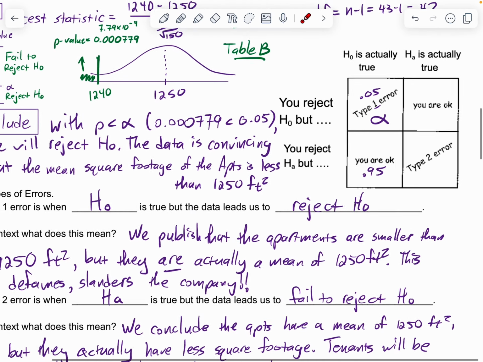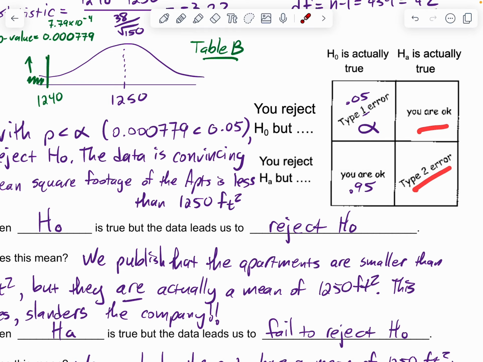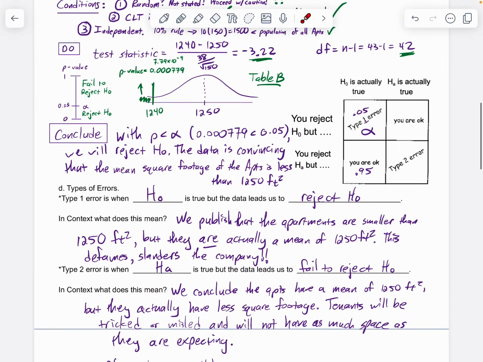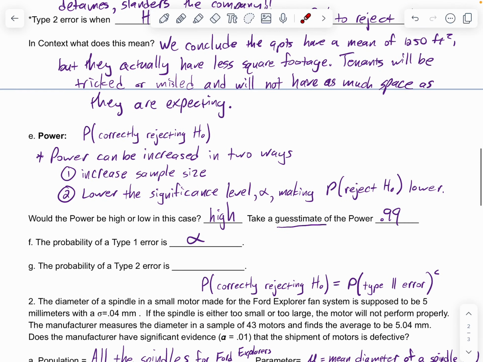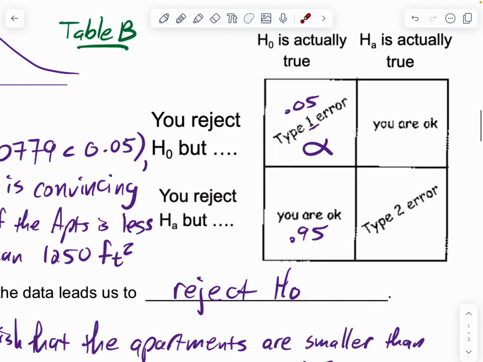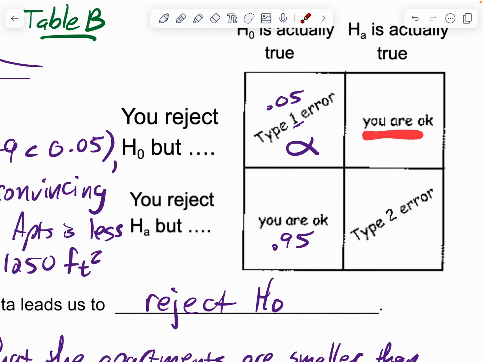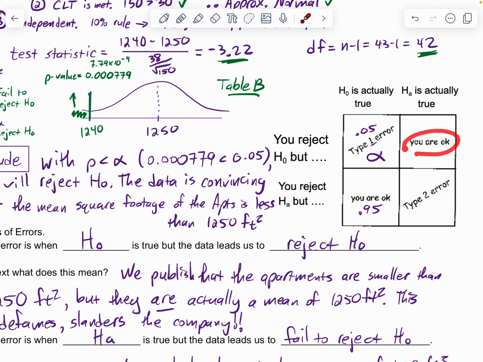So the probability of a type 2 error is, I wrote it down here. The probability of correctly rejecting the null is the power. And that would be this box.